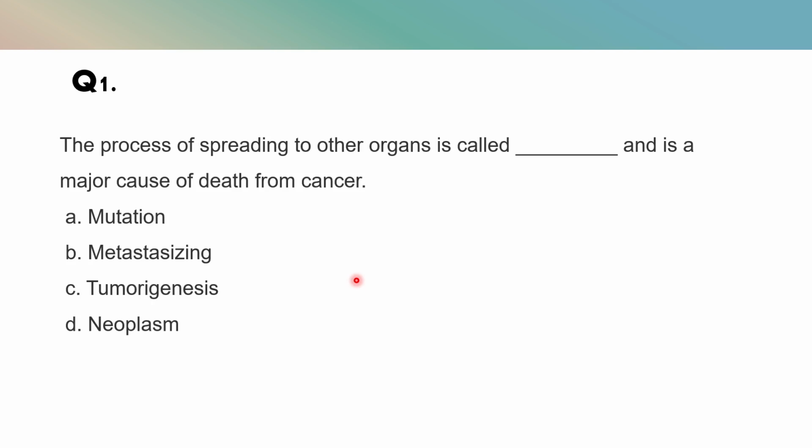So I want you to answer this question first. The question is, the process of spreading to other organs is called what, and is a major cause of death from cancer? Is it mutation, metastasizing, tumorigenesis, or neoplasm? Please try to answer this question, then we will be discussing it in a short time.